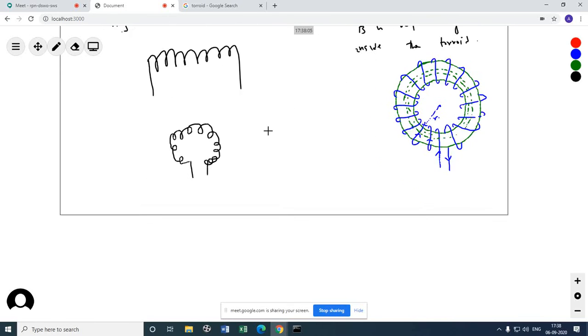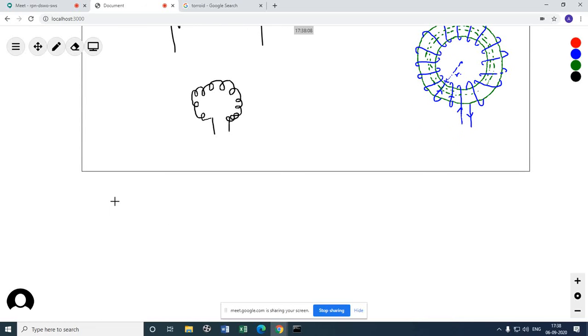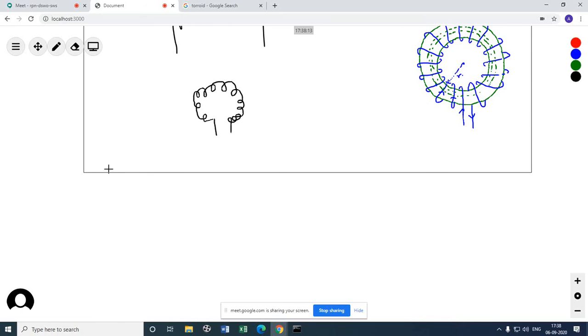Now in order to find this, we'll start by considering one. Let us consider a toroid of radius r. It has two radii, the inner radius and the ring radius, the toroid of radius r, and this being the thickness, we're not interested in the thickness.